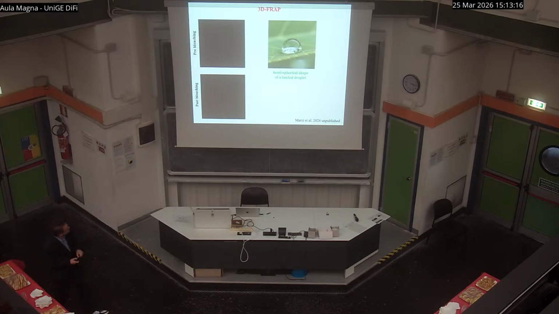So we tried to do three-dimensional FRAP. We did the three-dimensional FRAP with the super-resolution STED microscopy, which is a confocal microscopy, but it's a super-resolution, so you can get the details even in the 3D. And we studied a droplet that is deposited on a substrate.